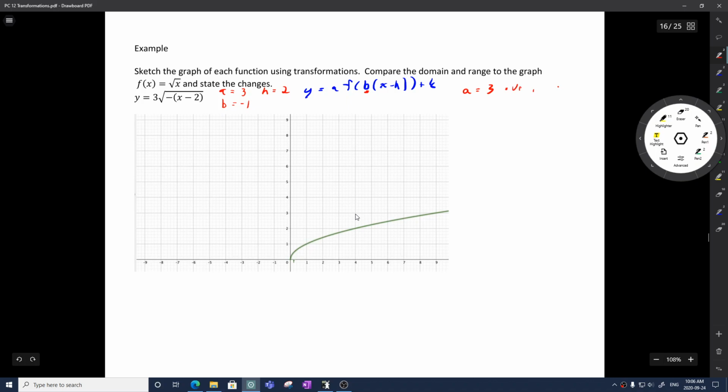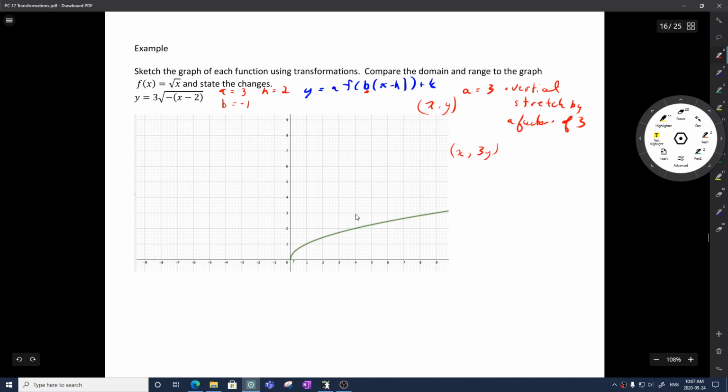So this is a vertical stretch by a factor of 3. And so for instance, if we start off with point (x, y), here it's (x, 3y). So that would take care of the A.